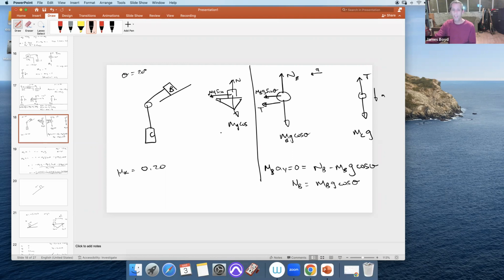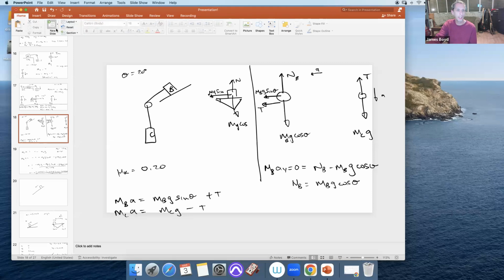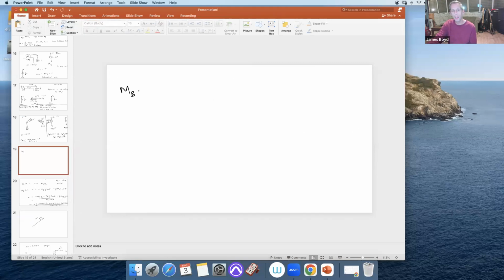The net force on the system, or on the book really, is m book a is m_B g sine theta minus or plus T, and m_C a is m_C g minus T. So adding those together, without friction, I have m_B plus m_C times a, is m_B g sine theta plus m_C g.